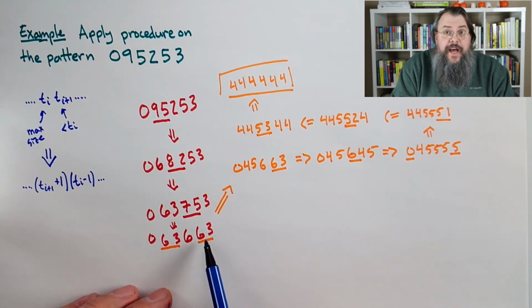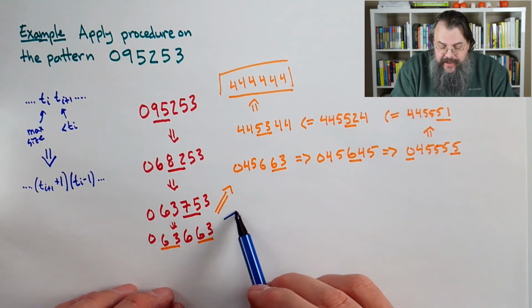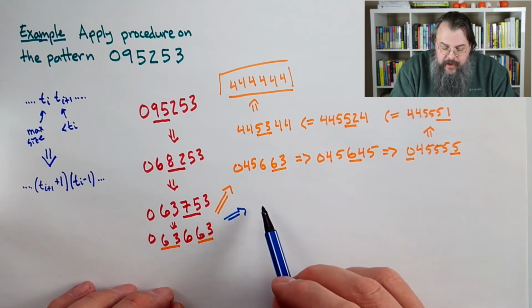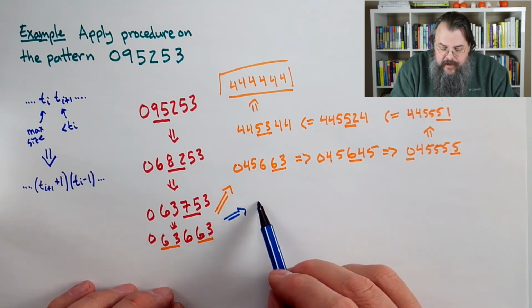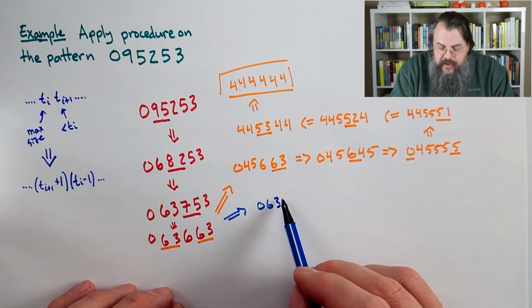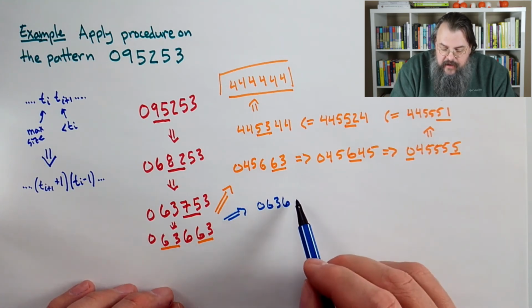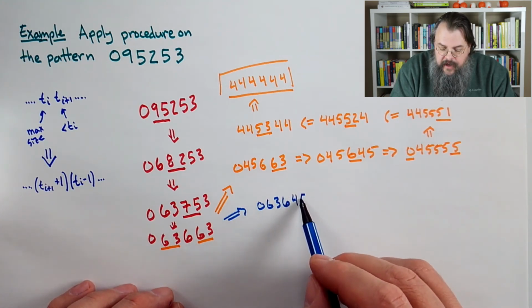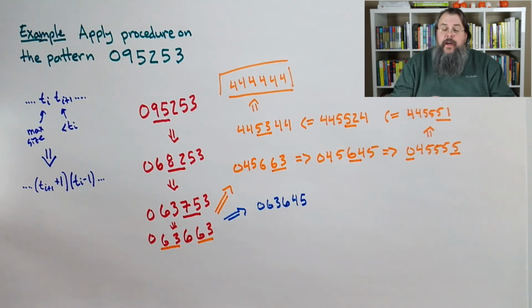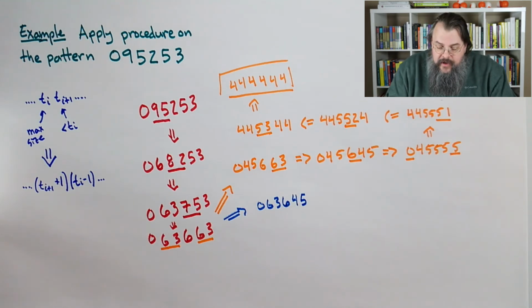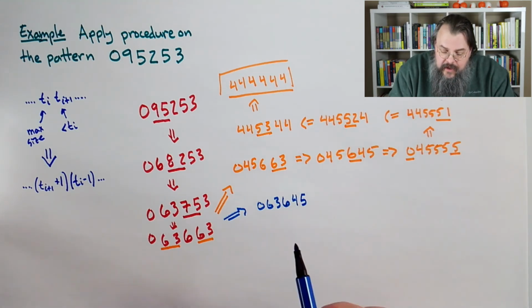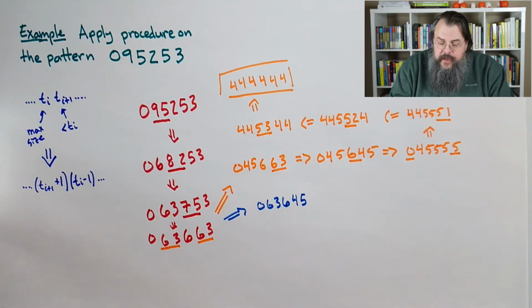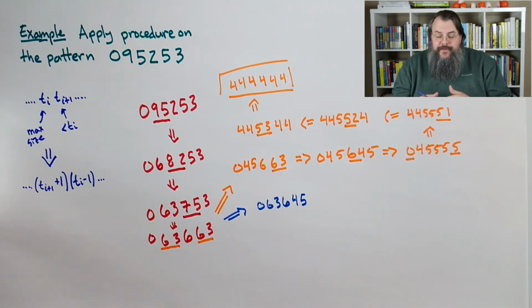We ran it where we said, let's change this one. But we could have changed that one too. All right. Well, what would happen? Well, we would have 0, 6, 3, 6, and then 4, 5. All right. And now we can say, where's a maximum throw followed by a shorter throw?